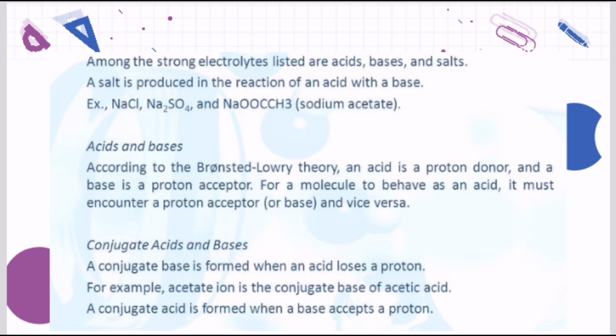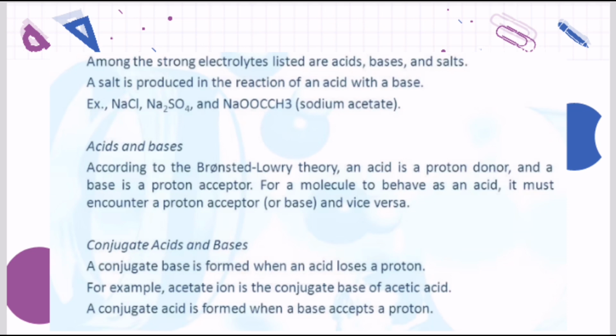Acids and bases, according to Bronsted-Lowry theory: an acid is a proton donor, and a base is a proton acceptor. For a molecule to behave as an acid, it must encounter a proton acceptor, or a base, or vice versa.